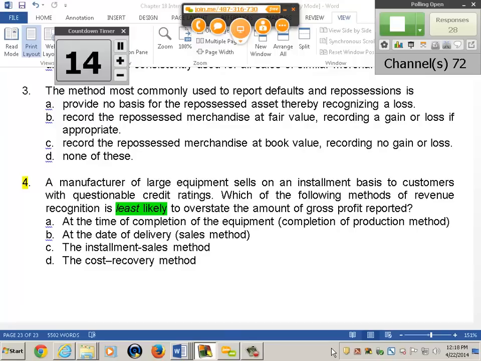So most conservative, least likely to overstate, or more likely to understate income.